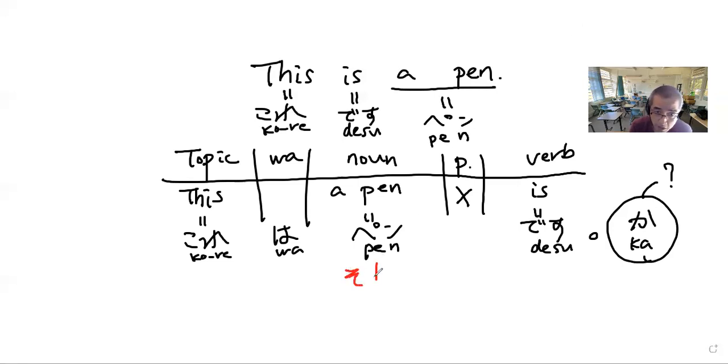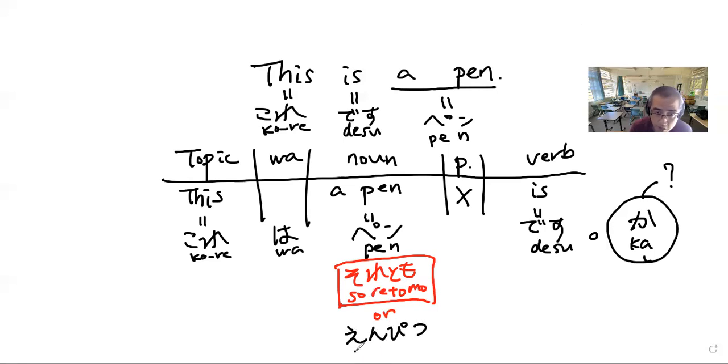We say それとも。それとも means "or". Then pencil. Pencil is 鉛筆、鉛筆 means pencil.